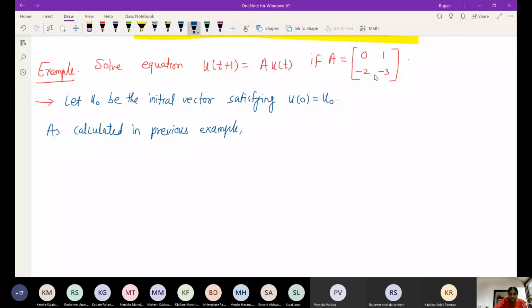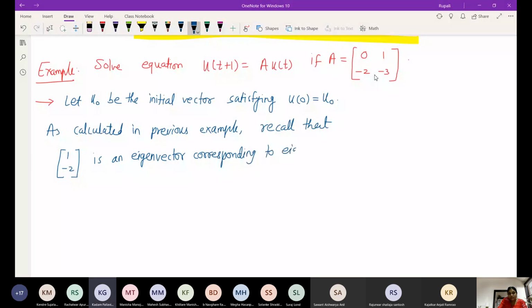recall that the vector (1, -2) is an eigenvector corresponding to which eigenvalue?